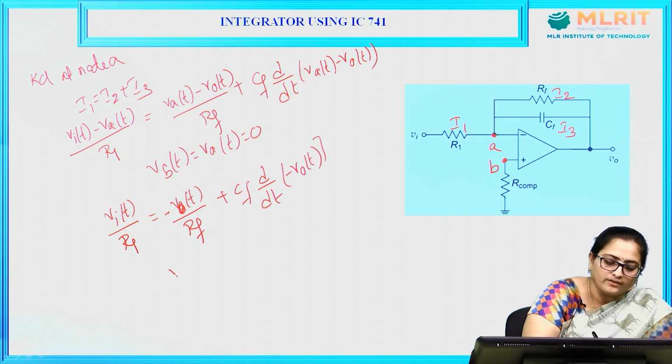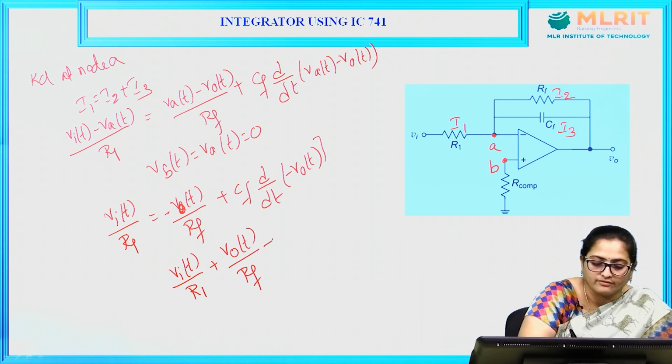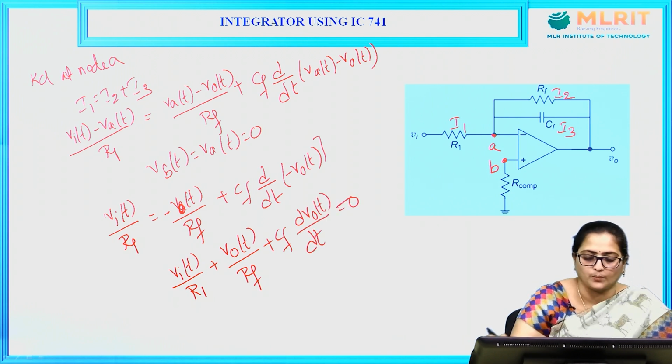So finally, you can write this expression as Vi of t divided by R1 plus V0 of t divided by RF plus CF into dV0 by dt is equal to 0.